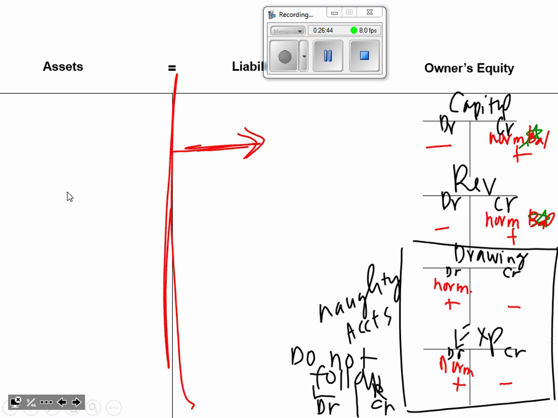Let's think about why they're so naughty. Drawings and expenses take away from the owner's worth. So if we would credit when an owner takes money out, that would be making him worth more, not less. So we have to flip it to make him worth less.